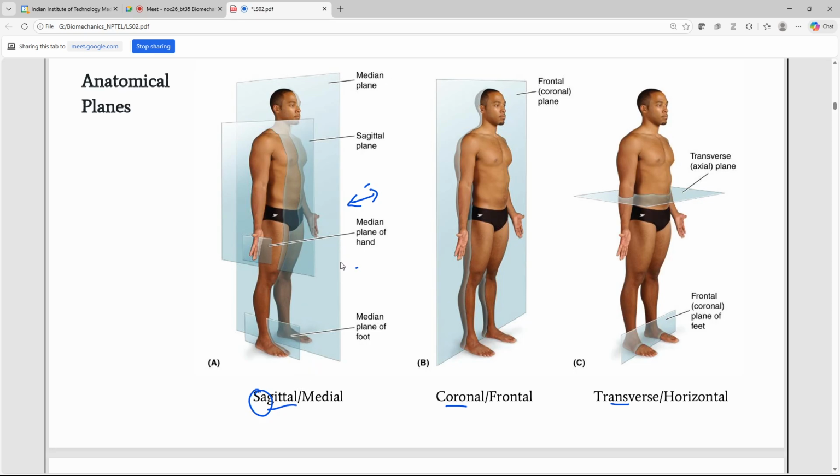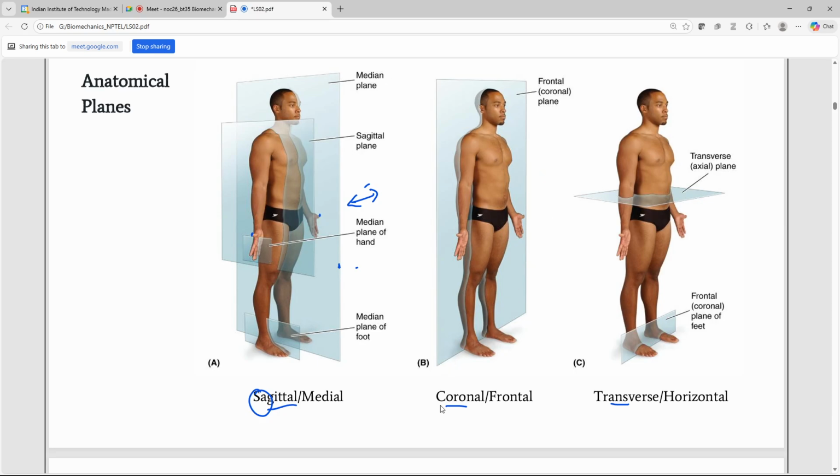This plane is fixed medially, through the midline of the body, or it is one of the sagittal planes, and we can create numerous sagittal planes from one end of the body to the other, right end to left end. The plane which can move from side to side is called the sagittal plane.